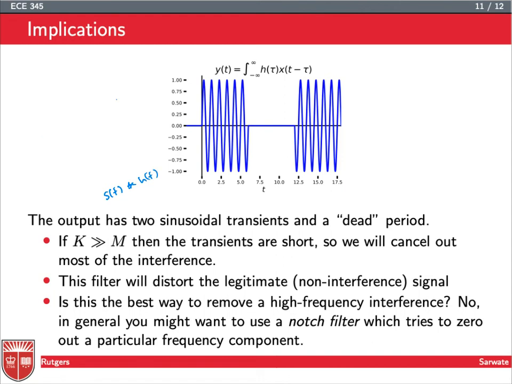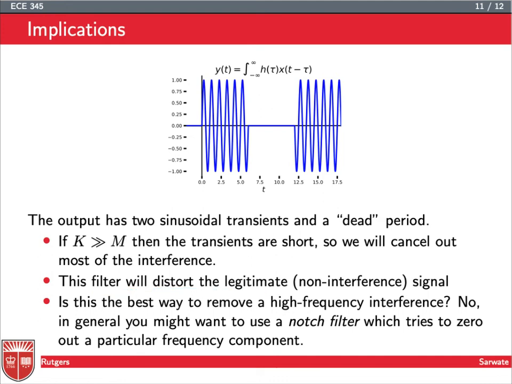Right? If I take this thing and I convolve it with h, I'm going to get s of t convolved with h of t, and this might not be so good. Right, so this filter is going to distort the legitimate signal.